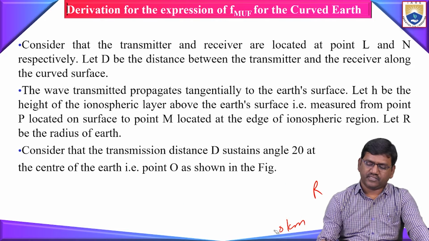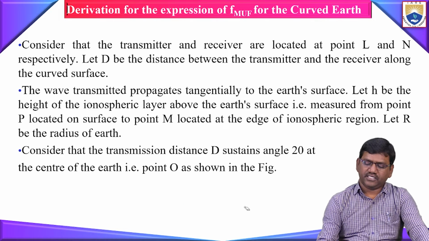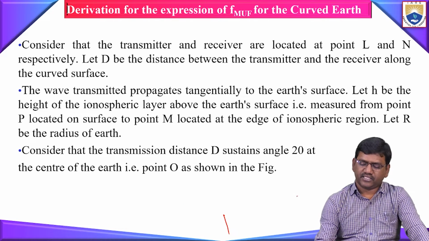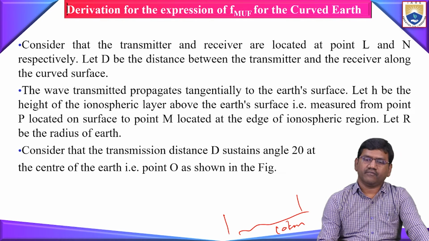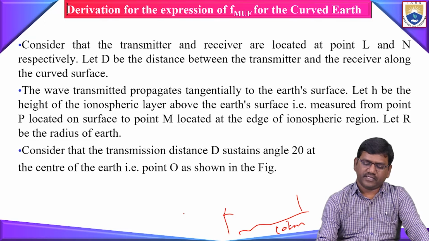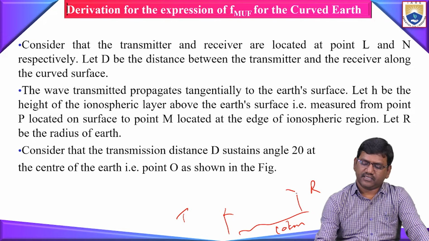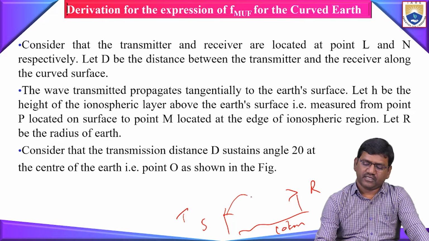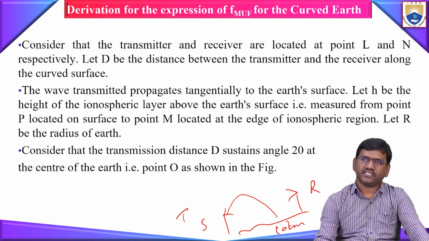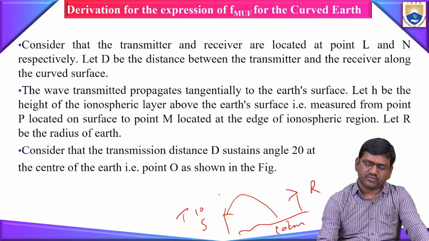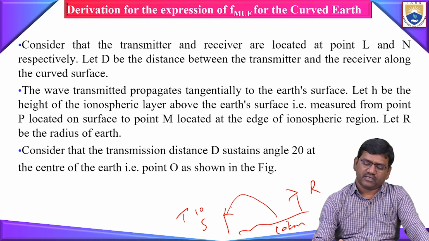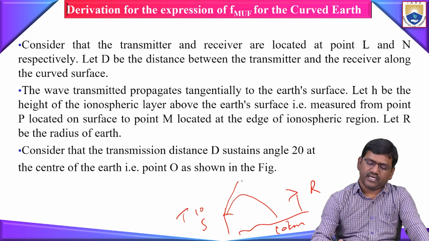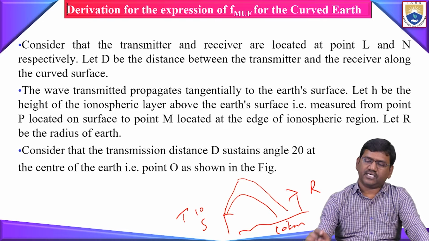Here you can see a transmitting antenna and a receiving antenna, with the distance taken as 10 kilometers. We transmit a signal from the transmitting antenna to the receiving antenna. We transmit the signal at 5 megahertz. It will reach here after reflection. If you increase the frequency to 10, it will go to the ionospheric region and reflection takes place towards the earth.